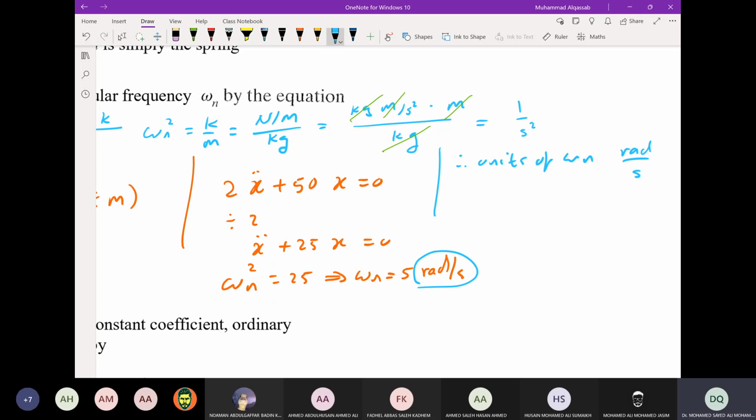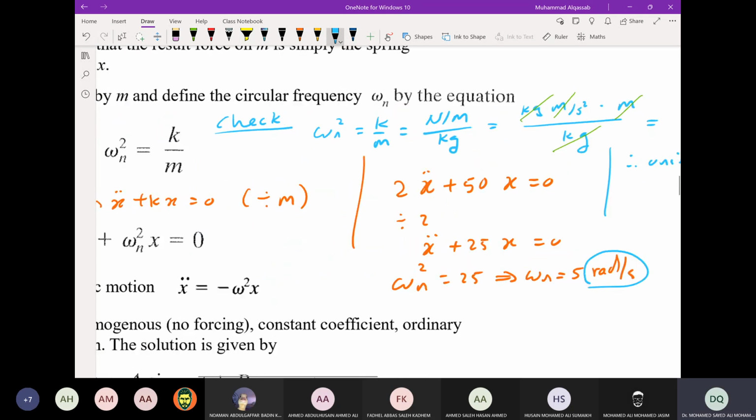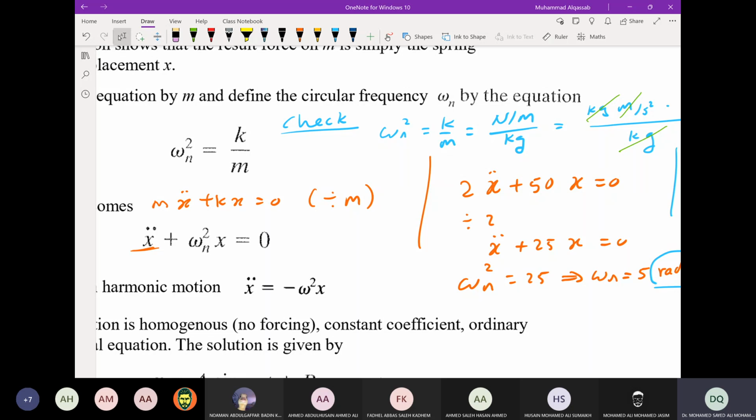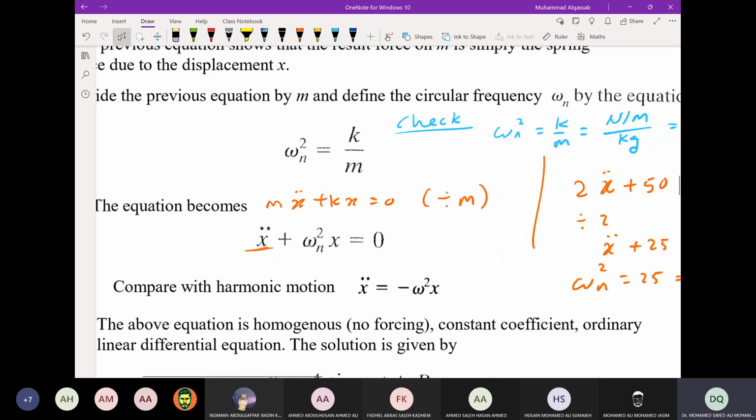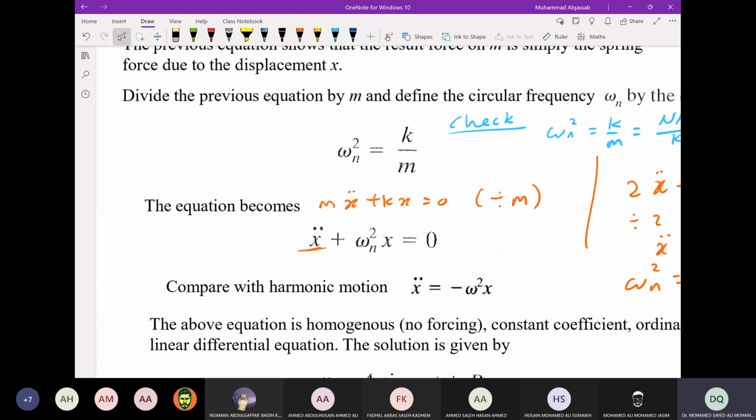Omega n is the circular natural frequency, but usually we drop the word circular for short, we just call it natural frequency. So one of the objectives is to find natural frequency. It can be found from this equation by observing the coefficient of x, after you make the coefficient of x double dot equal to 1.